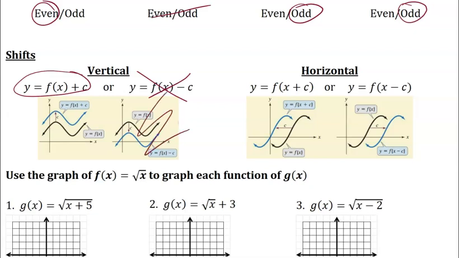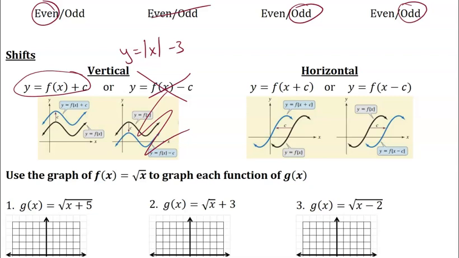So honestly, I'm going to tell you to ignore this completely. But when you give a shift, you should give the number and the direction. So if I had y equals, let's say, absolute value of x minus 3, I would say that's the absolute value graph shifted down 3 because we have a negative value there. Okay. So again, this is a vertical shift by a number c, so that's going to be up or down.